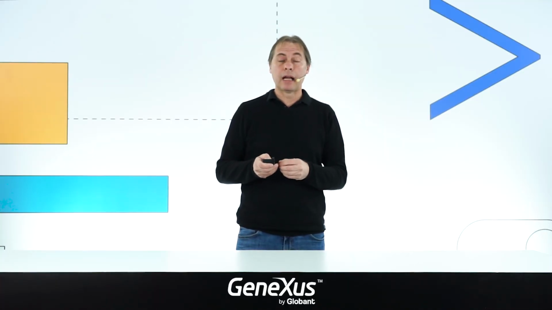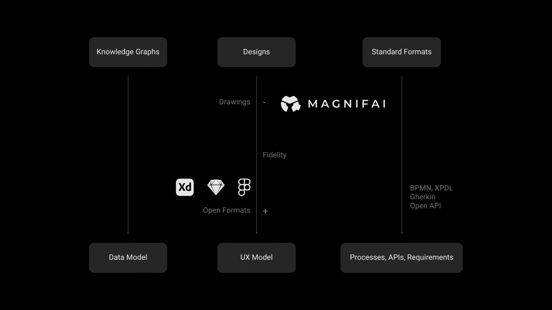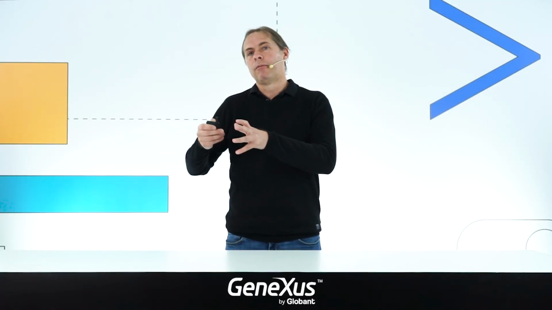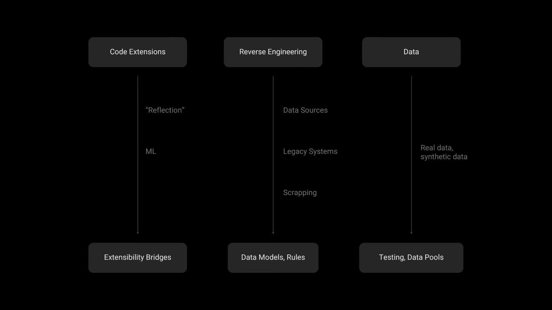We have to keep on working on those models that are used by designers to bring models, but also we need to use AI, for example, such as Magnify by Globant, so that based on drafts or sketches that were made by people, not necessarily designers, these can be brought to designer tools or GeneXus itself to accelerate the development of the different interactions. And of course, you have standards and other kinds of tools that will allow us to bring knowledge at a much greater speed than before.